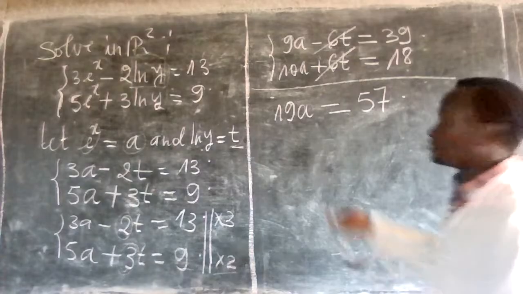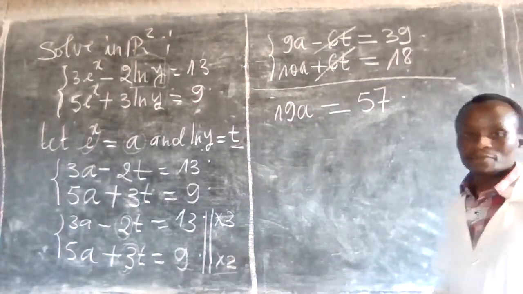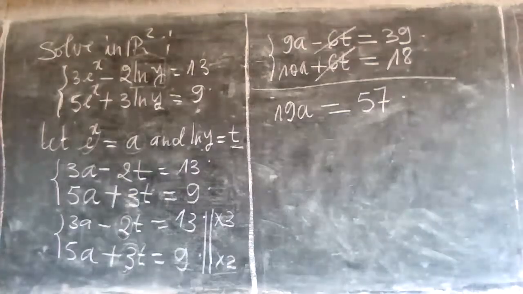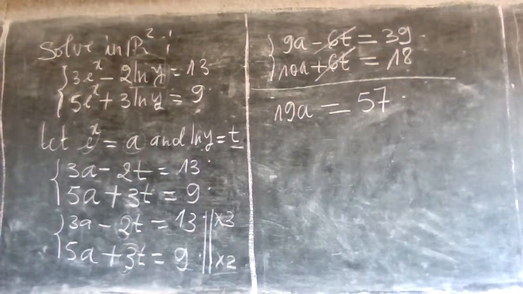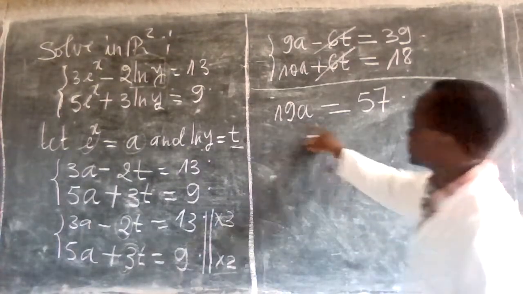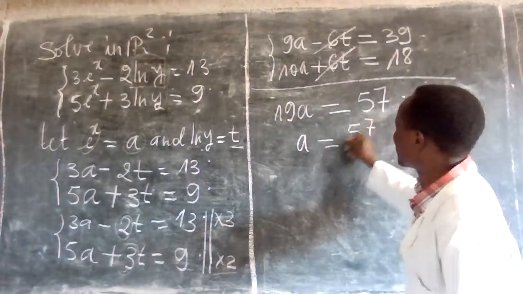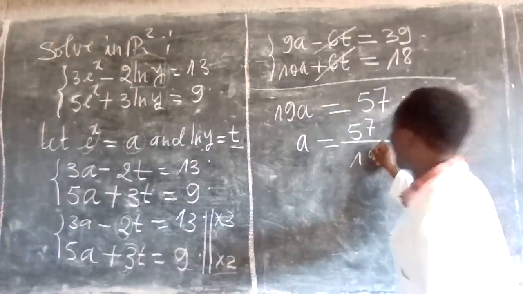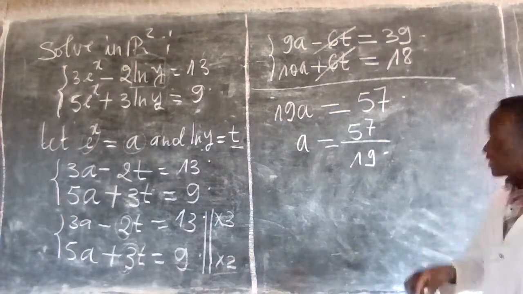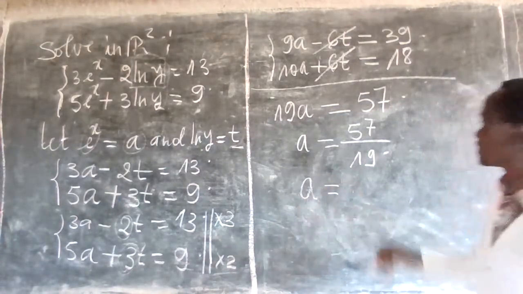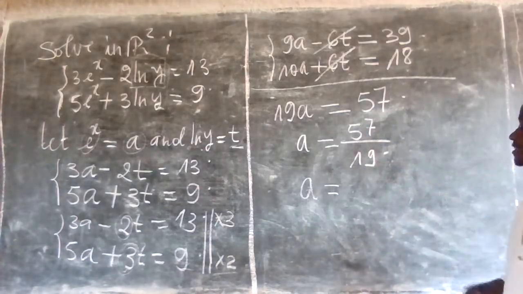Now here, what is the value of this letter H? I'm asking you. The value of this letter H, A will be equal to 57 over 19. Now, finally, A will be equal to 57 over 19.